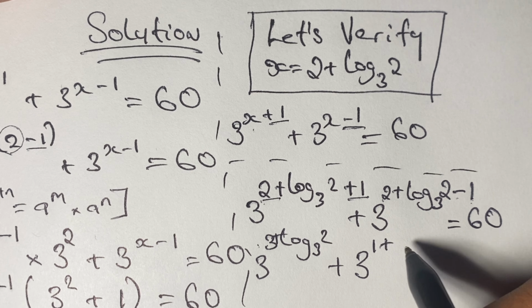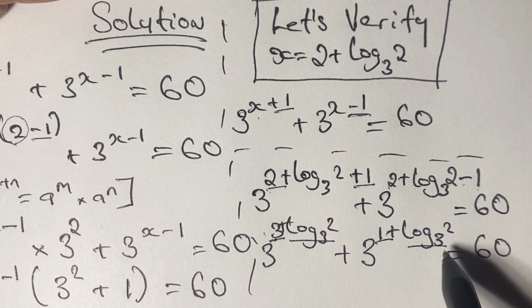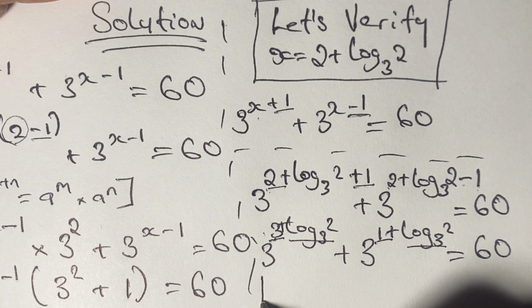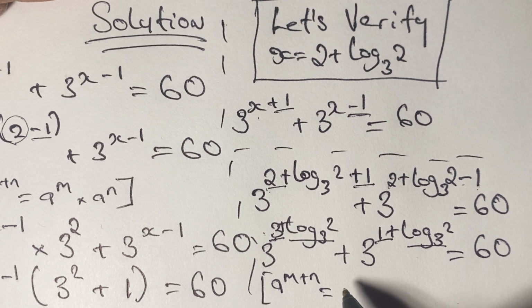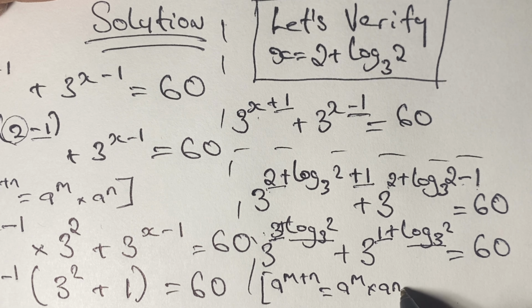Now from here we will look at laws of indices, where we have 3 plus log base 3 of 2. Here we also have 1 plus log base 3 of 2. So we'll be using laws of indices again, where a to the power of m plus n is equal to a to the power of m times a to the power of n.